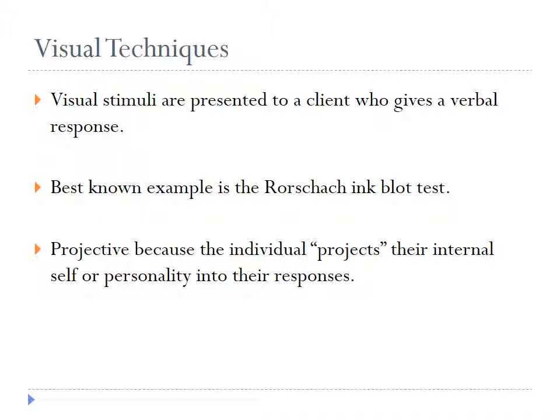Visual techniques such as the Rorschach are successful because they require individuals to project their internal self or personality into their responses. The ambiguity of the items is such that an individual's response has to come from who they are and how they envision the world.